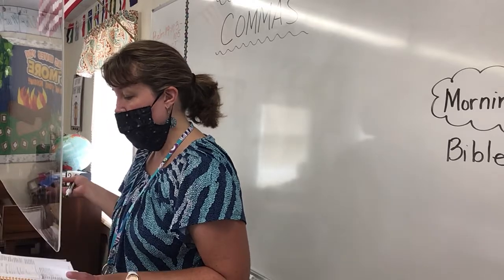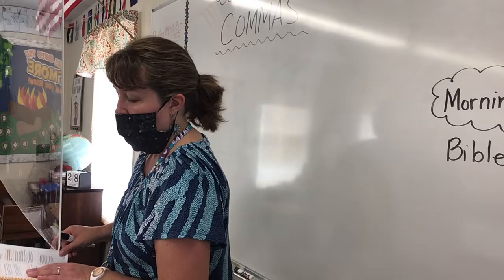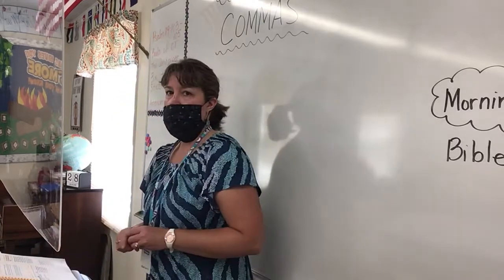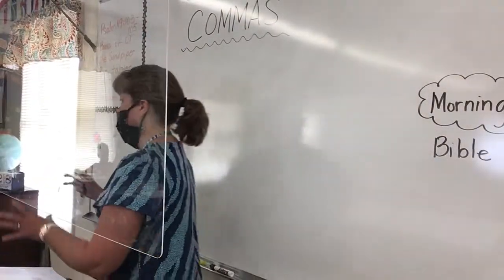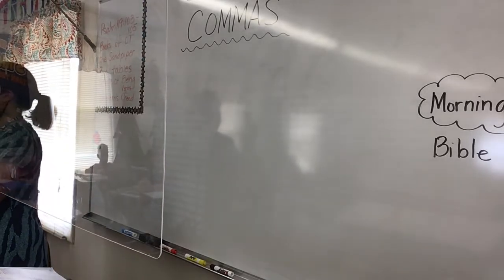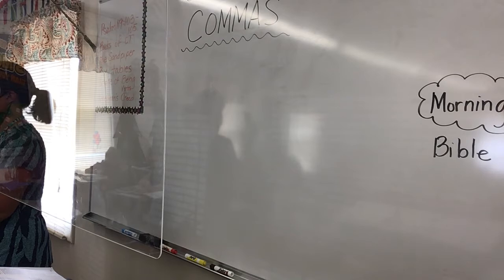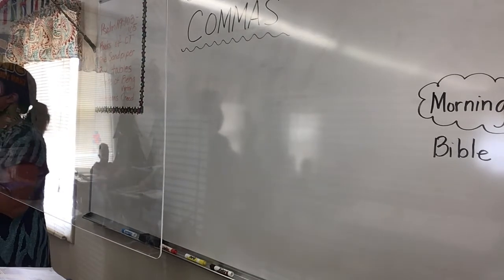And yesterday we already learned one. Who can remember the way we used a comma yesterday? You remember what we did? We took something out and then we added it to the beginning. Micah, what?